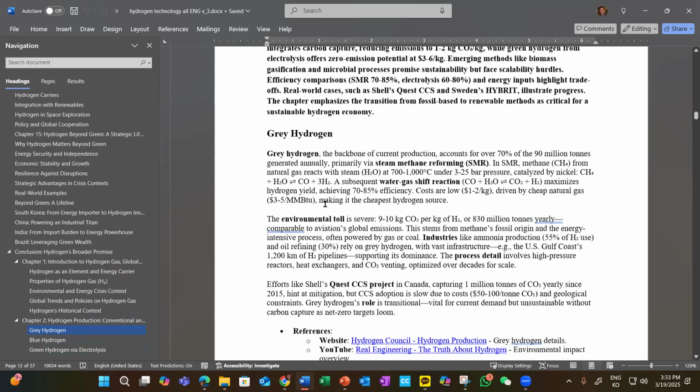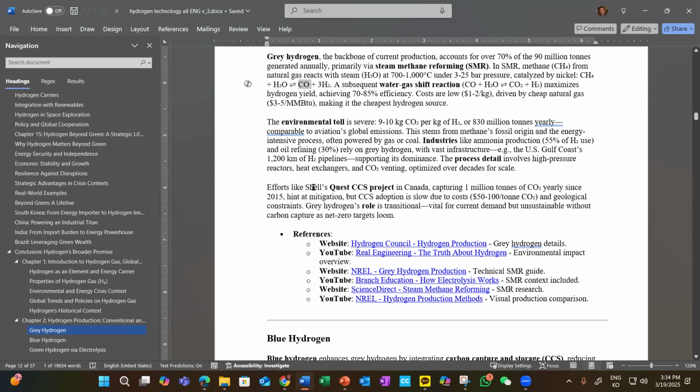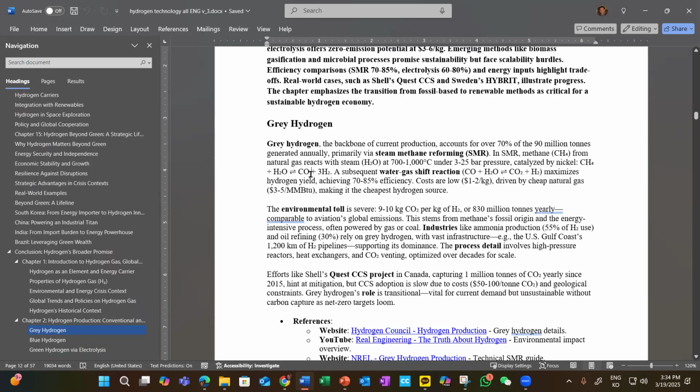Gray hydrogen is related to methane, CH4, plus H2O, steam. So CH4 plus H2O gives us hydrogen, but unfortunately there is a lot of CO, which is not a good material. CO is produced as well. So how do we capture this CO?